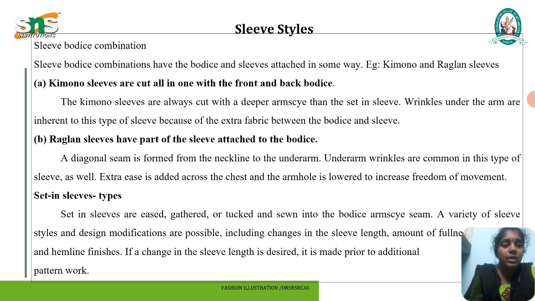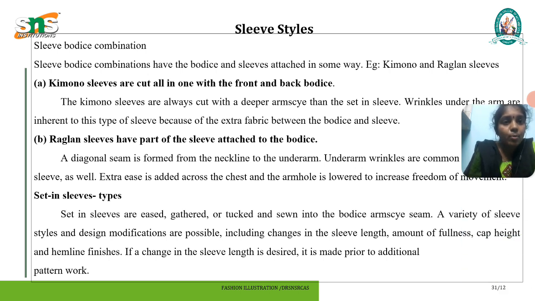So those two types of sleeve have this variety. Set-in sleeves are eased, gathered or tucked into the body's armhole. Varieties of sleeve styles and design modifications are possible, including changes in sleeve length, amount of fullness, cape height and hemline finishes. If a change in sleeve length is desired, it is made prior to the additional pattern work.